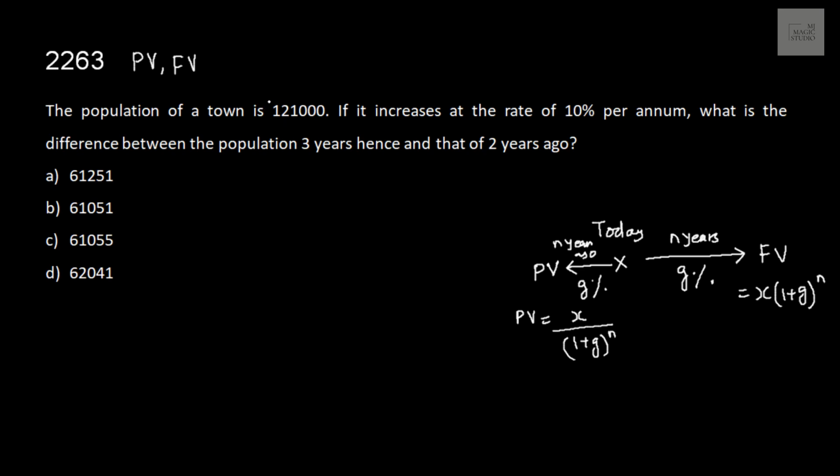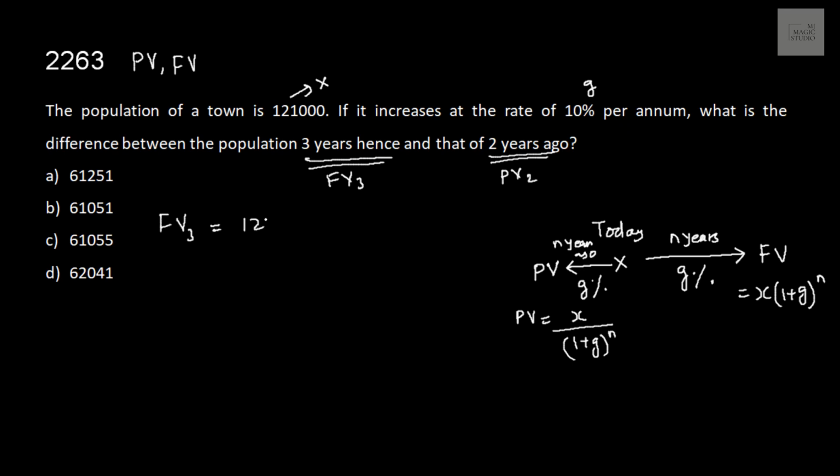Today we are standing with our x, that is 1,21,000. It increases at a rate of 10% per annum, that is g. What is the difference between population 3 years hence, that means future value after 3 years, and that of 2 years ago, the present value 2 years ago? So first let's calculate future value 3.